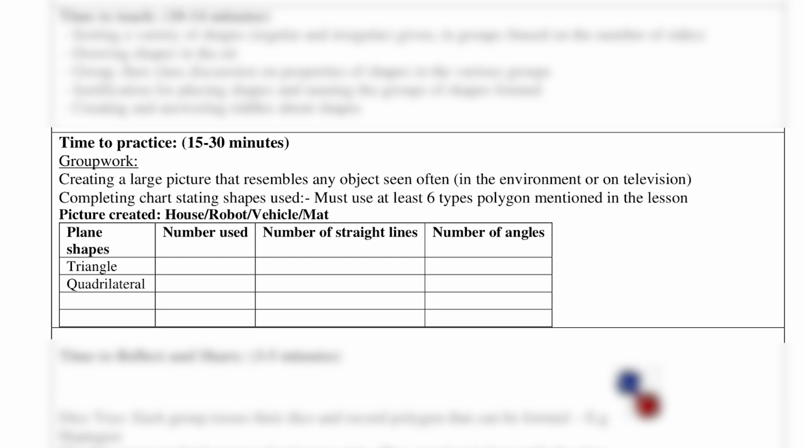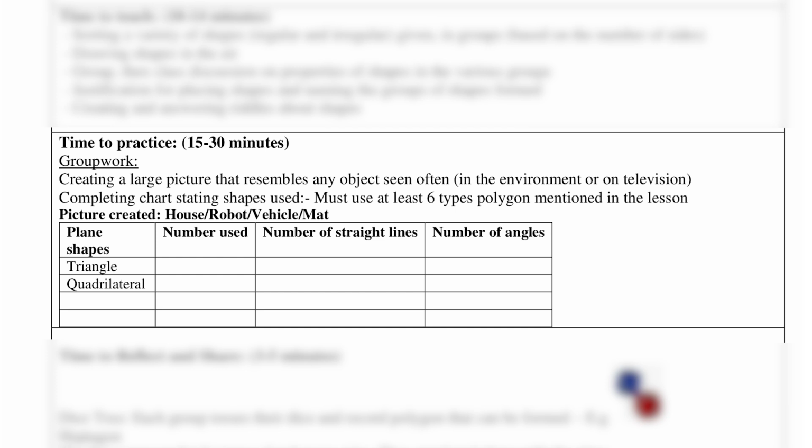So the first thing I'm going to do, I have them do group work where they would create a large picture that resembles any object: cartoon character, object from the environment, vehicles, animals, any object. Then they will complete this chart below, stating the shapes they would have used.